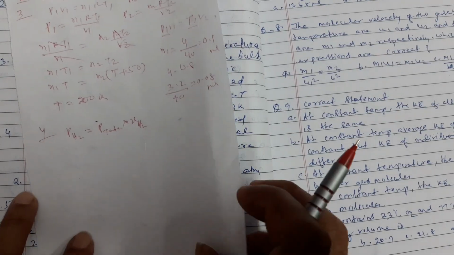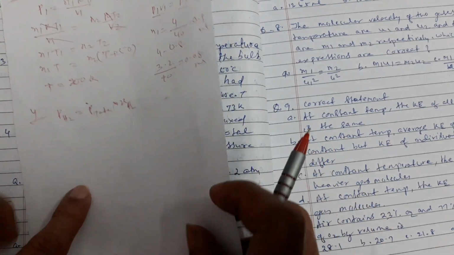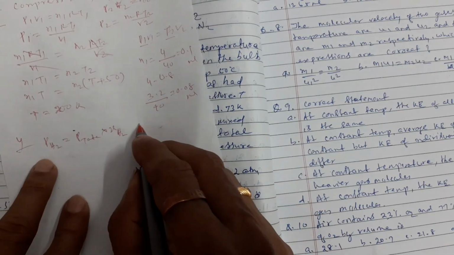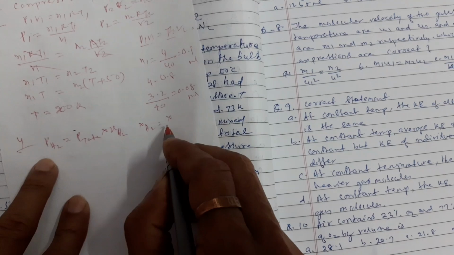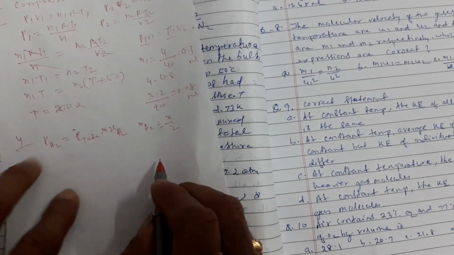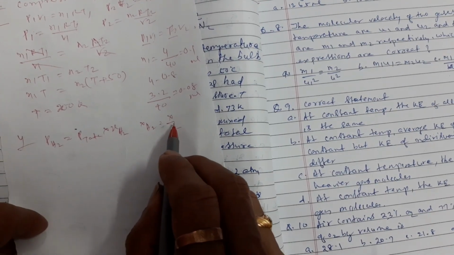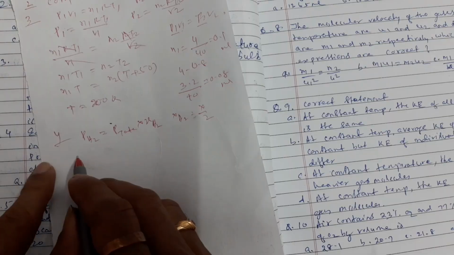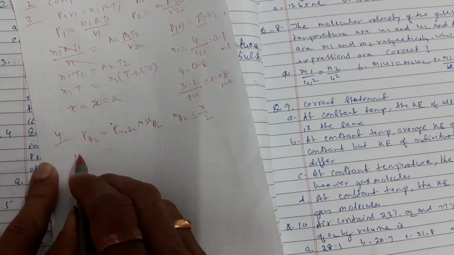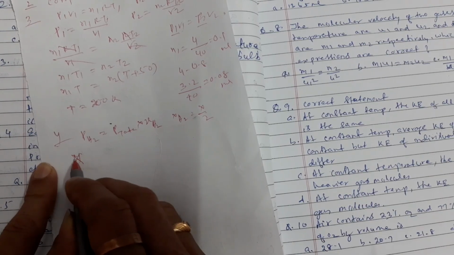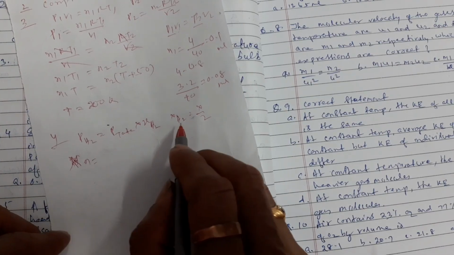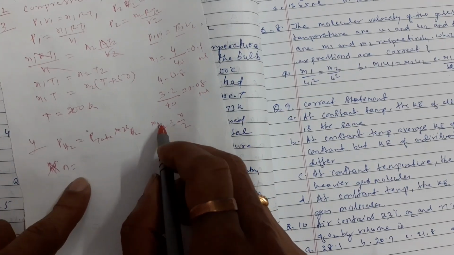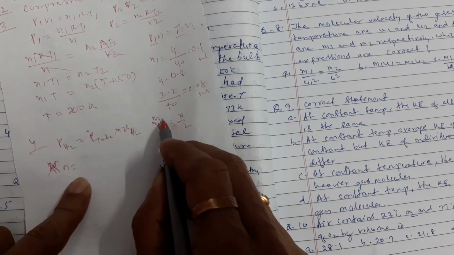By putting this relation, you calculate the mole fraction of H2. Same mass is given, so take X by 2. This is not the mole fraction, this is the mole of H2.